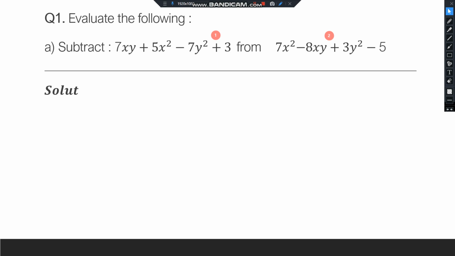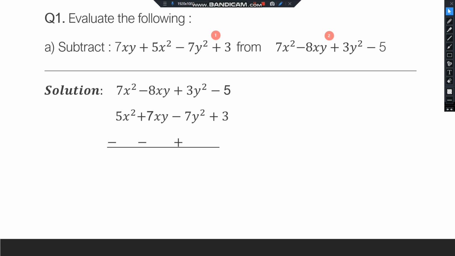So let us write that. The second expression is 7x square minus 8xy plus 3y square minus 5, and then write the first expression below it. So we are applying the column method here, though you could do it by the row method also. There is no problem with any method which you use, but we are doing it by the column method here.